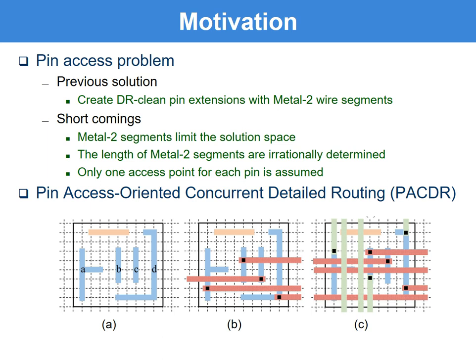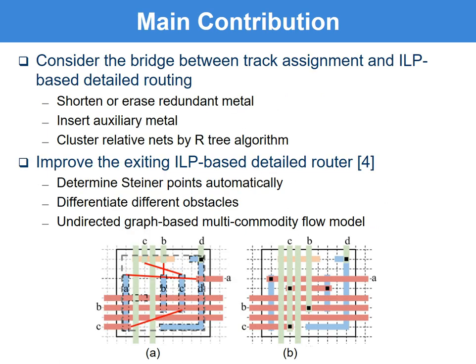As we compare Figure B and C, we can observe that having more than one access point in a pin is a common practice. This helps avoid issues such as longer wire length and design rule violations, as seen in pins B and D. The pin access-oriented detail routing method has been proposed to effectively address these limitations.